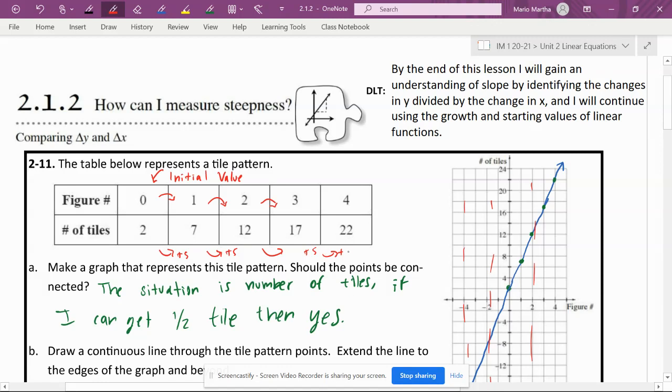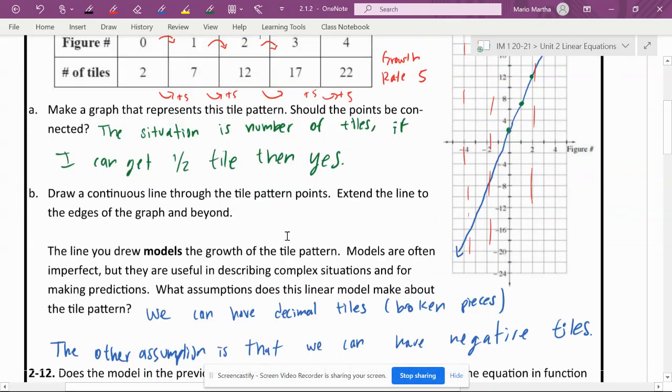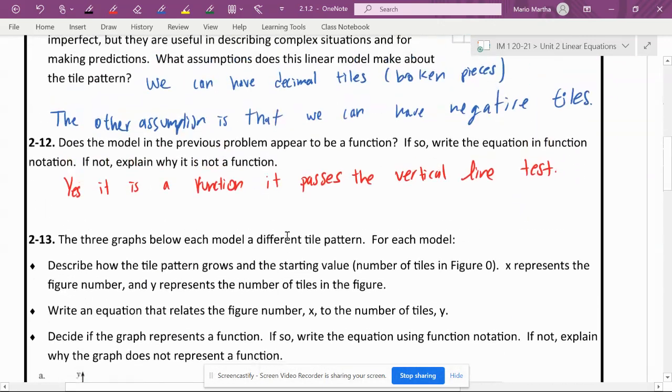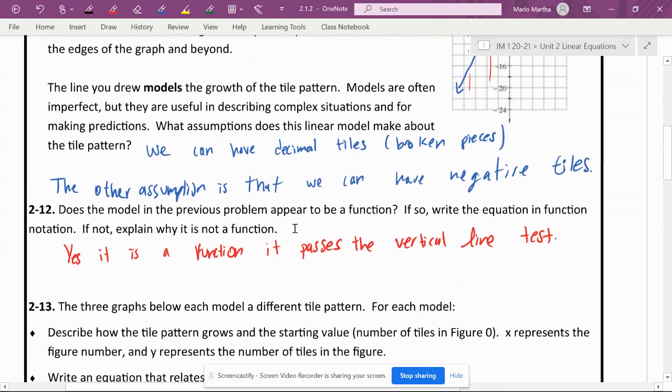So that's our growth rate, right? Our growth rate is pretty much 5. So our initial value is 2, and then our growth rate is 5. So if you recall from the previous lesson, you can write it as y equals the growth rate times x, which is the figure number, and then plus your initial value or your starting value, right?